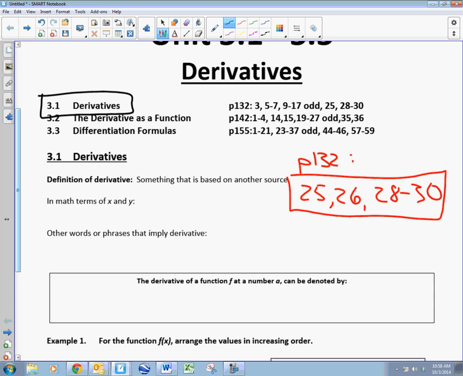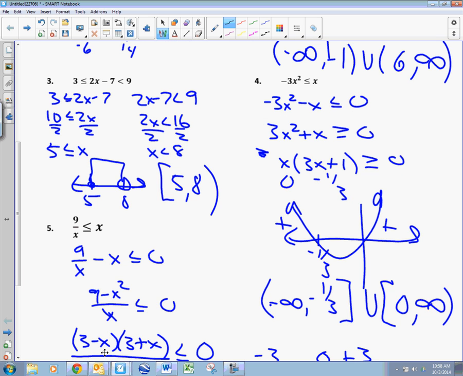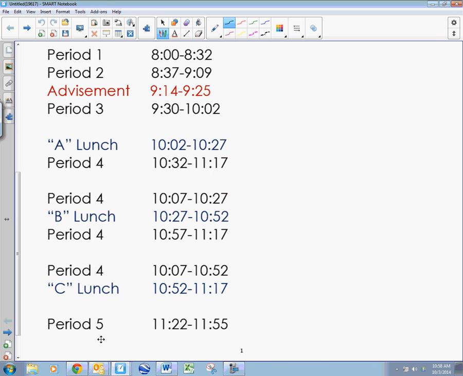Yeah, you're going to need your 25 and 26 are on there, but the rest isn't. But what time do we get out of here? Okay, so 4th hour is normal length because of the lunches.